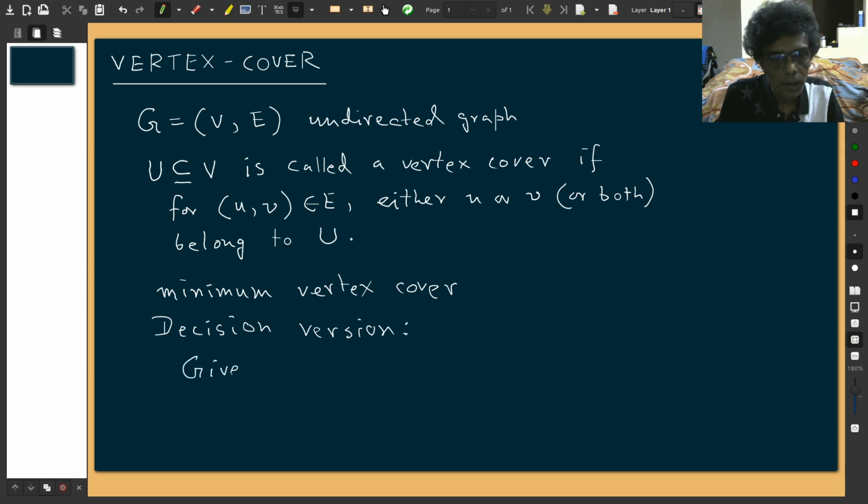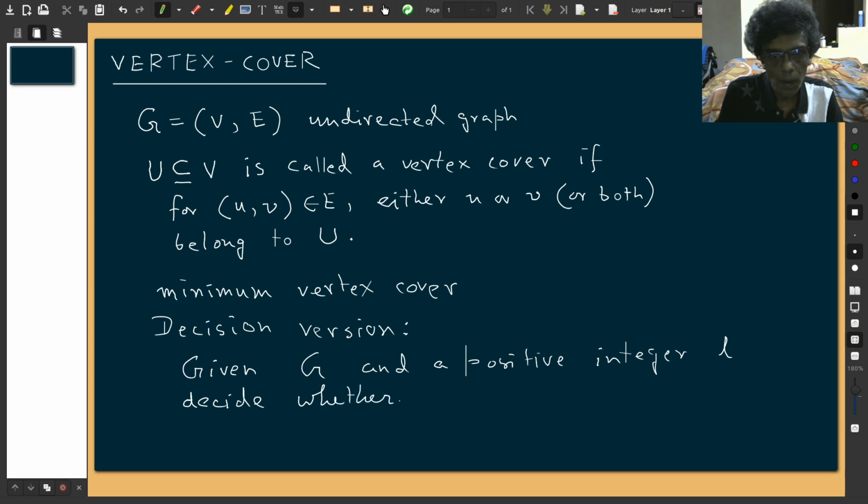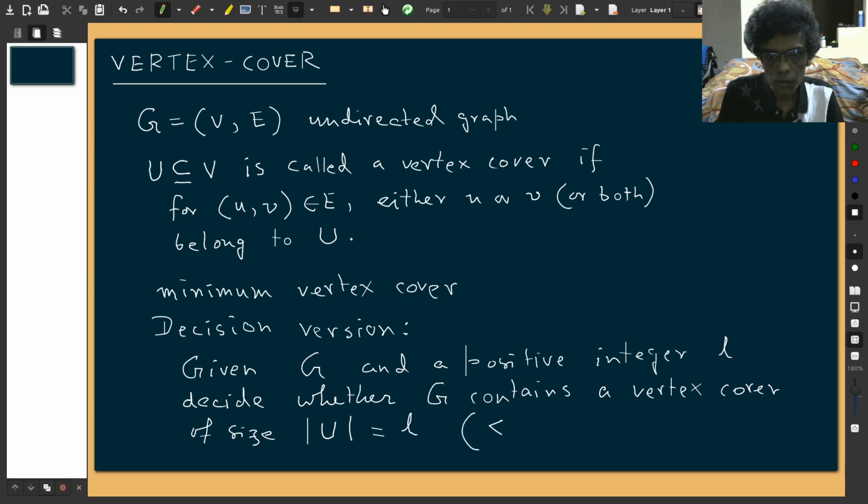Given G and a positive integer L, decide whether G contains a vertex cover of size, that is the number of vertices in U. You may actually say equal to L, or you may also have less than or equal to L. Does not actually matter.